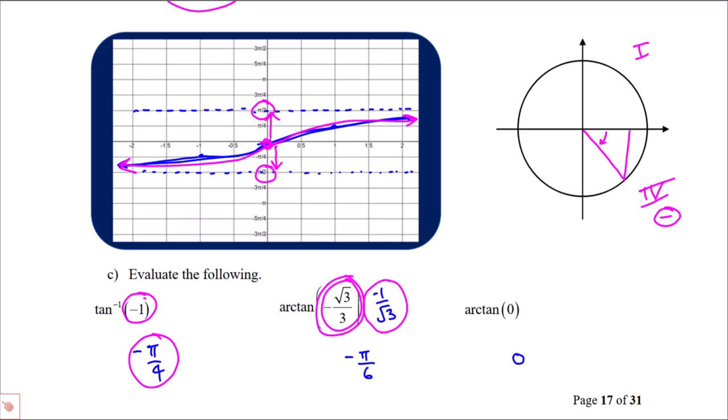And so then if the y is negative 1 and the adjacent's root 3, then we have this angle. Here's the negative 1, here's the root 3. So that's the small 30-degree or pi over 6 angle, but it's negative because it's going down, negative pi over 6. You just have to think backwards.